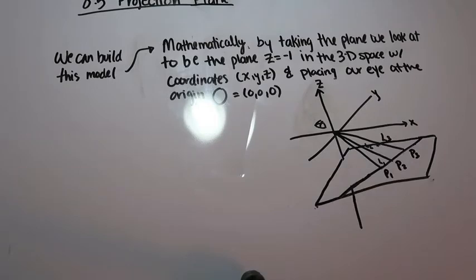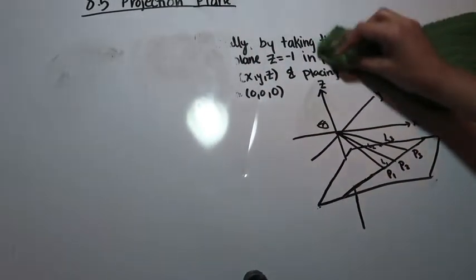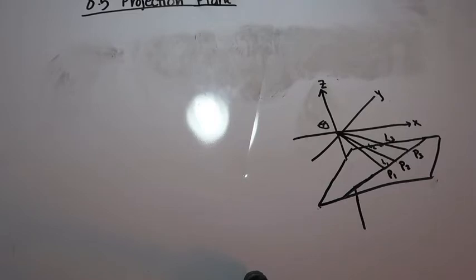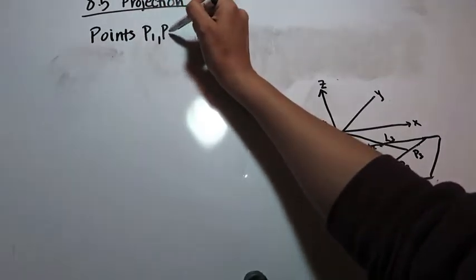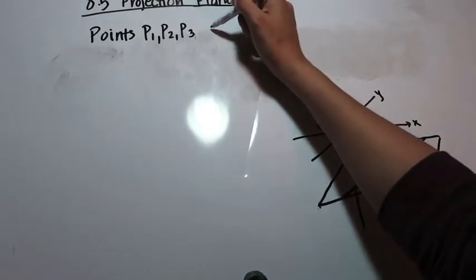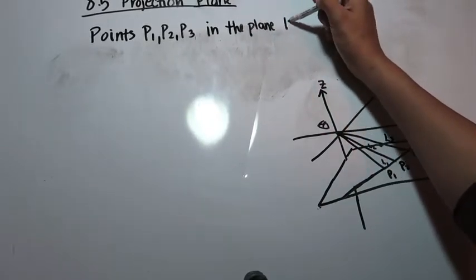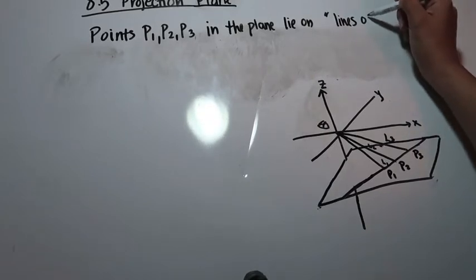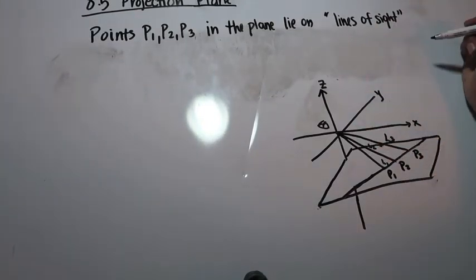Okay, so I'm just going to erase this. So we have the points P1, P2, P3, and the plane lie on what we call lines of sight, which are these little lines here, L1, L2, L3.